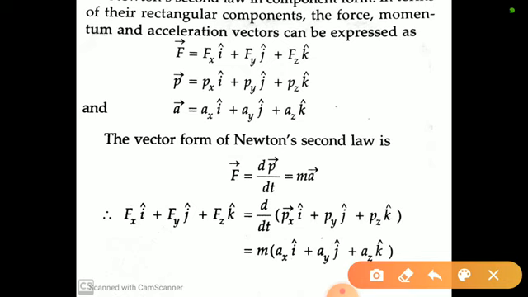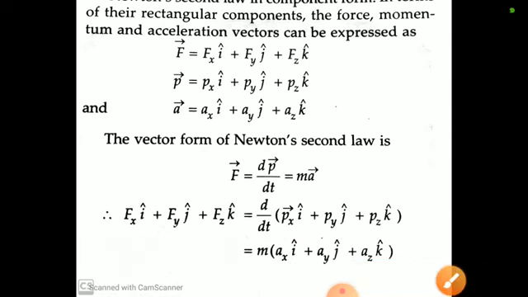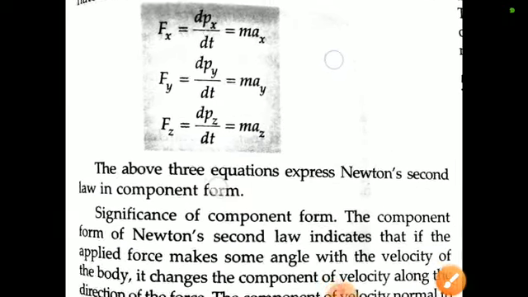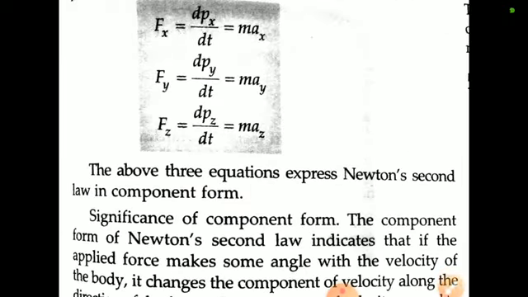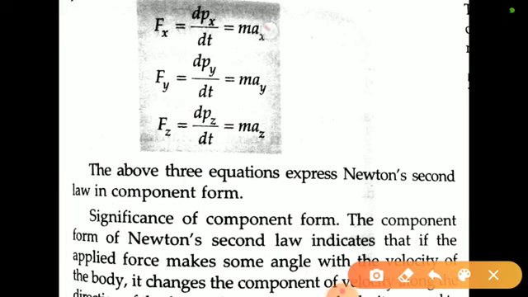And now you can replace px with m into ax. So you can write Fx equal to dpx by dt, and that is also equal to m into ax, where ax is the acceleration along the x-axis.